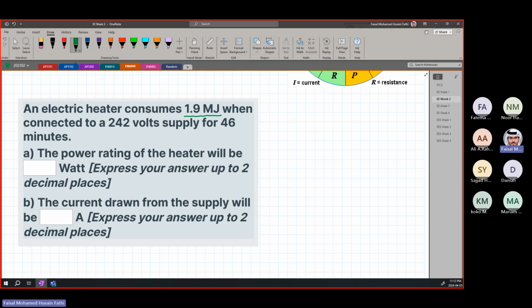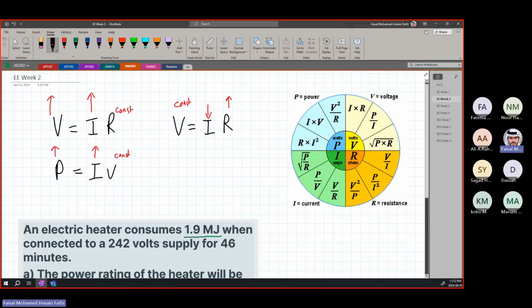First, before I go into this, there is one more equation. Power is equal to energy over time.